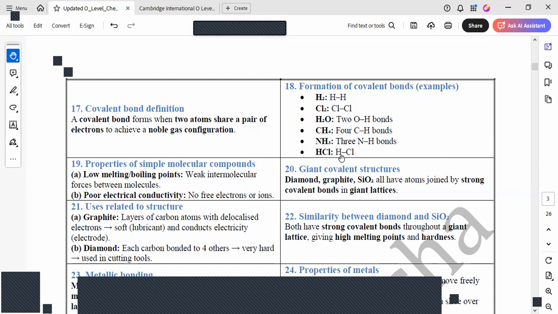In hydrogen chloride, there is one hydrogen-chlorine covalent bond. By the way, this is hydrogen chloride, not hydrochloric acid right now.